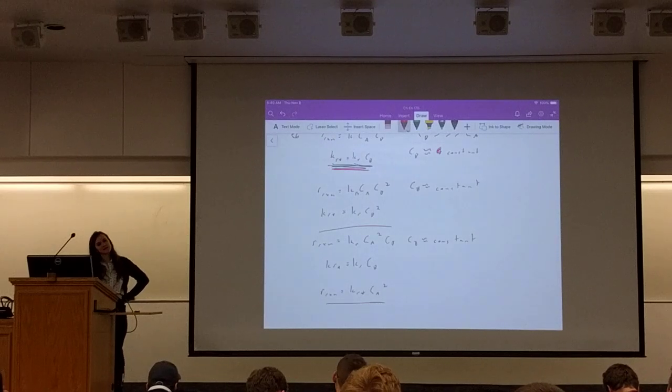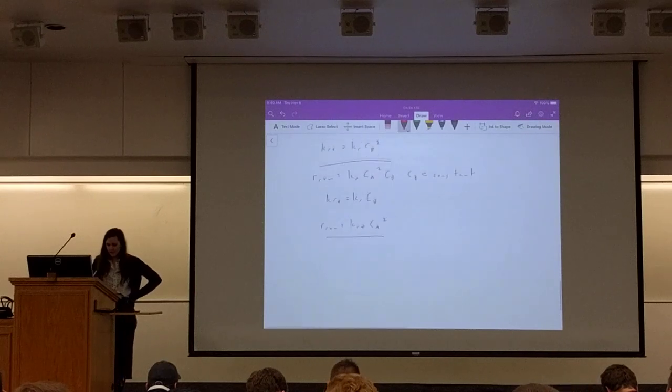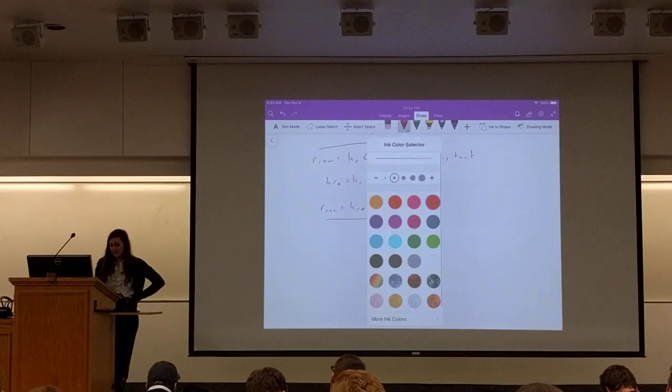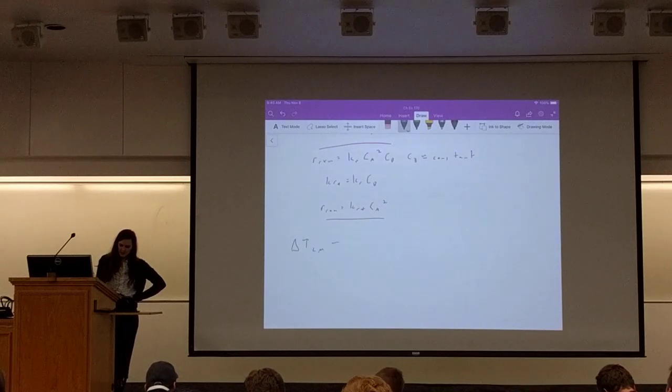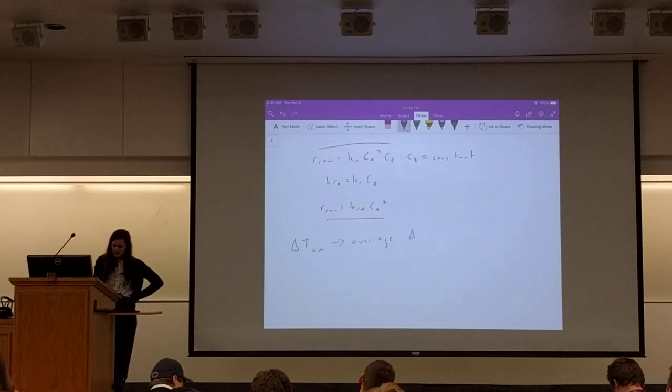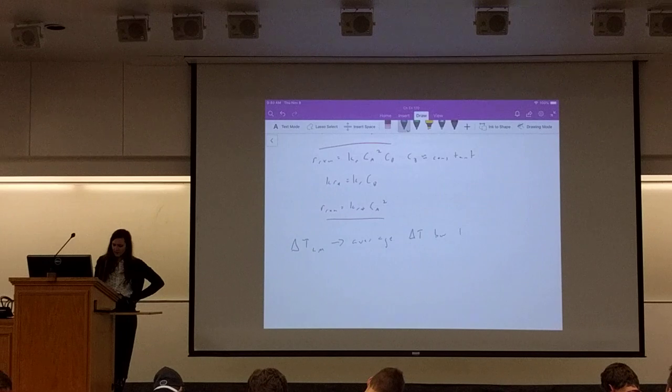Yes. Can we always use the delta T log mean for any? In this class, yes. So delta T log mean is a way of getting an average delta T between the hot and cold streams of a heat exchanger, which you always have to do.